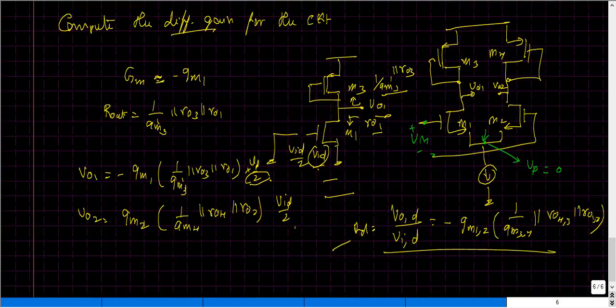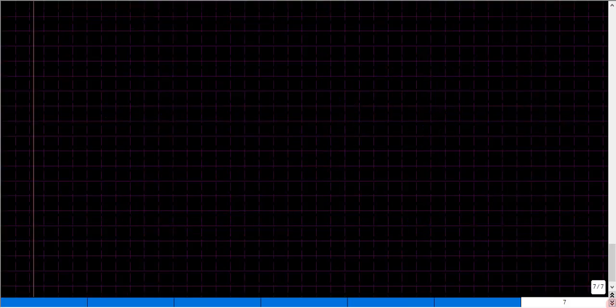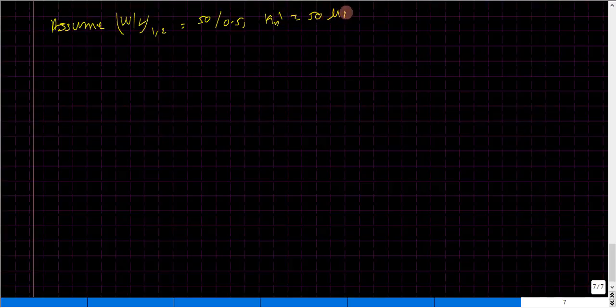Now let us try to do one more problem, and this problem we have already done in the class, but I thought let me analyze it again. So the problem is, assume a differential pair with a resistive load where the differential pair has the W by L factor of 50 by 0.5, and then Kn', which is around 50 microampere per volt square, and the threshold voltage of 0.6 volt.